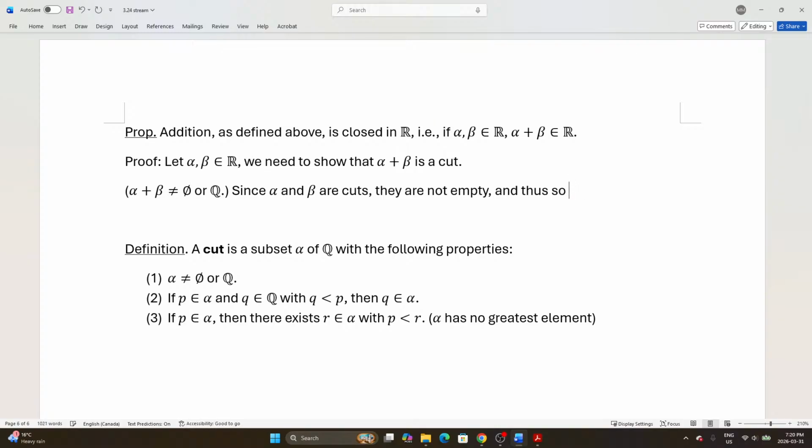Because you take an arbitrary element from alpha and an arbitrary element from beta, add the two rationals together, and you get an element in alpha plus beta. So alpha plus beta is non-empty.